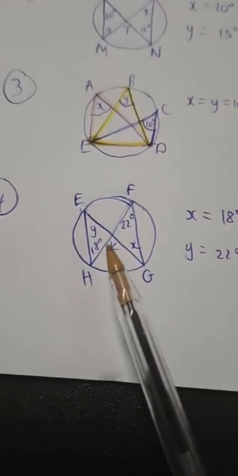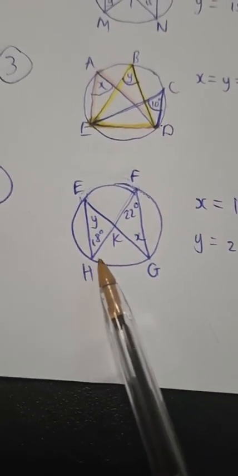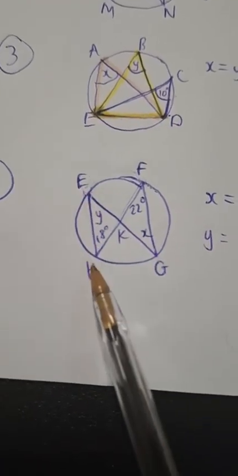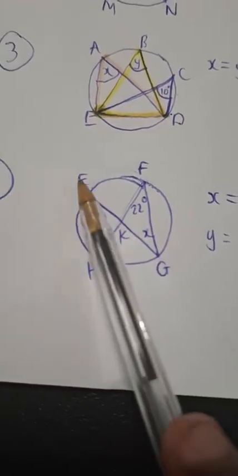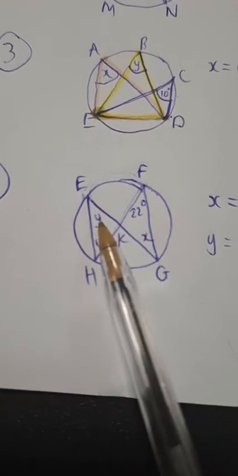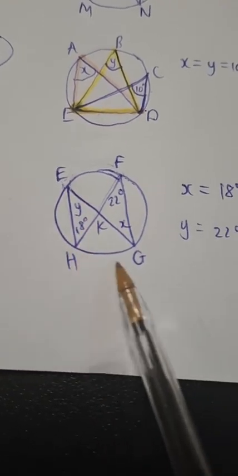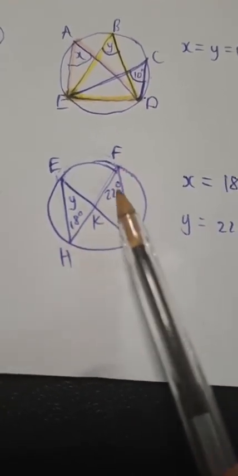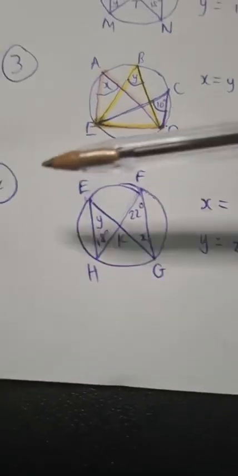So in other words, this arc HG subtends an angle at the circumference, which we refer to as angle E. So that is the Y. Then the same arc is subtending an angle at the circumference, which is F, on the same side.